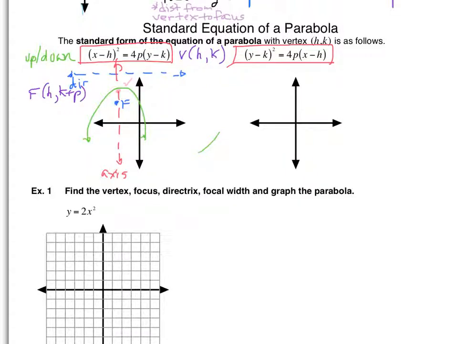And then your directrix would be the following formula. Your directrix would be y equals k minus p. Your axis would be x equals h.